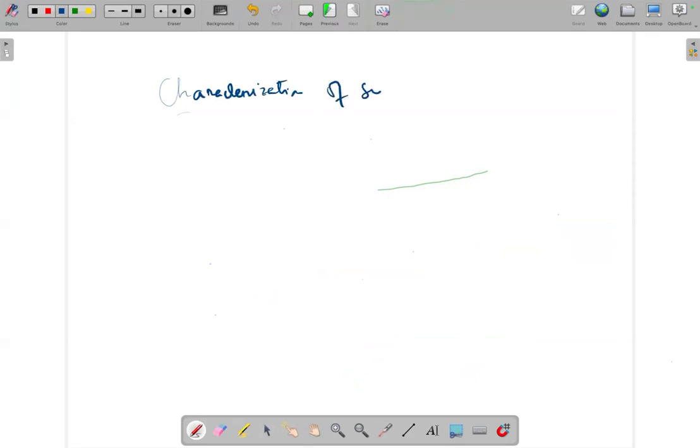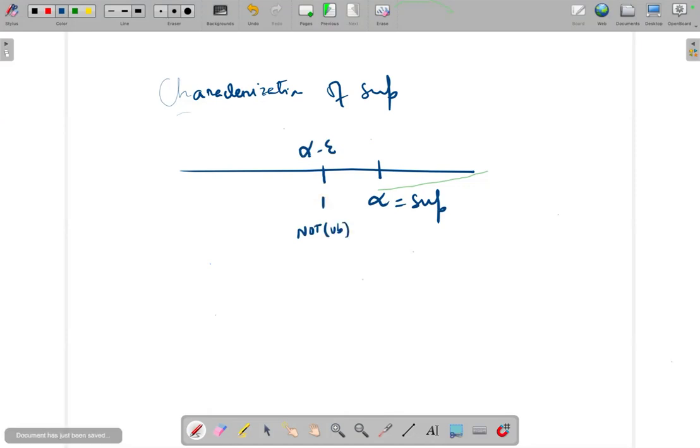So what we say, if alpha is the supremum of some set, then anything alpha minus epsilon is not an upper bound. If alpha is a supremum, it is the least upper bound. So anything less is not an upper bound. Meaning what? I should have an element here. An element from A.